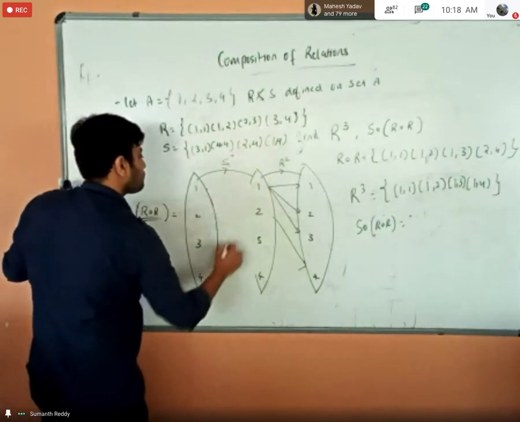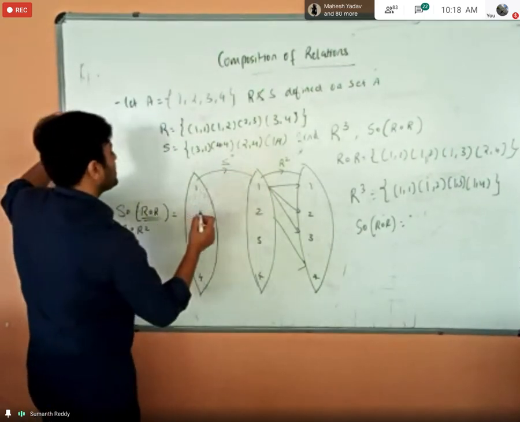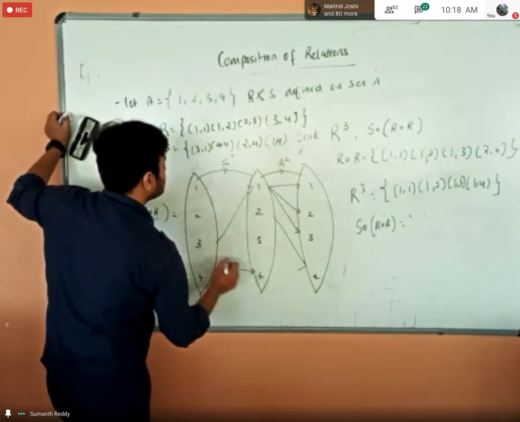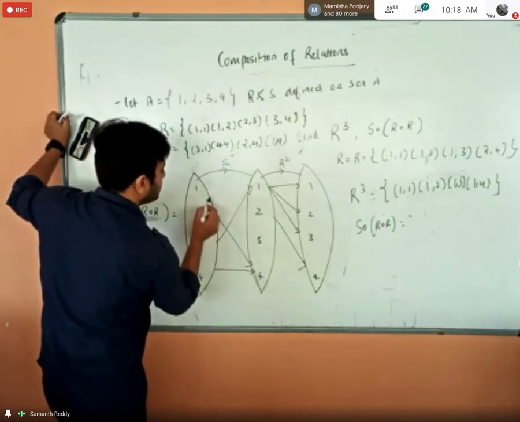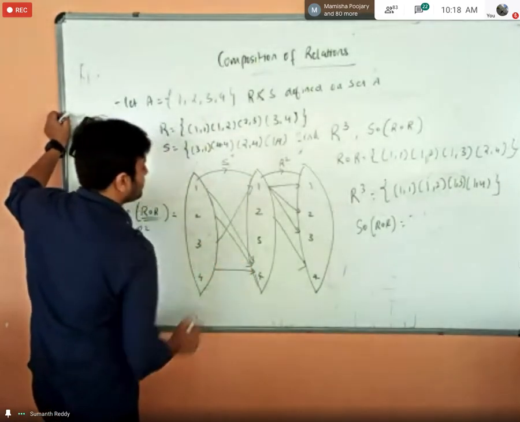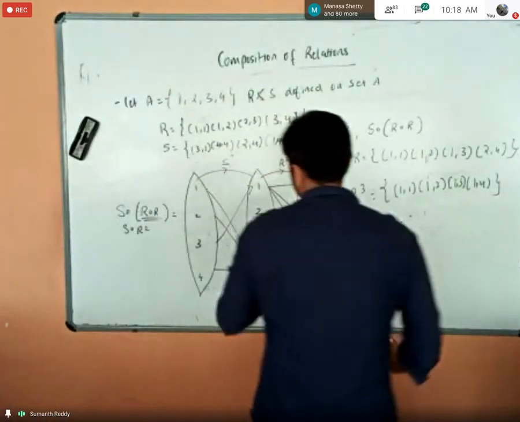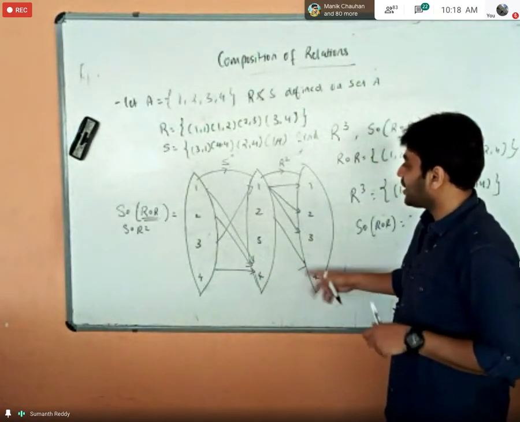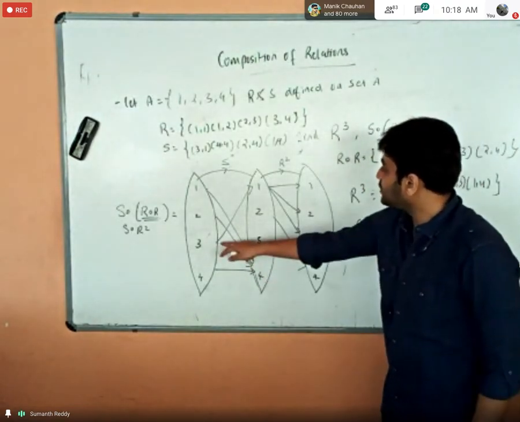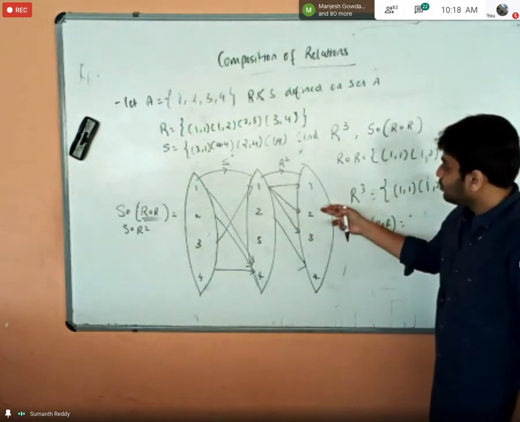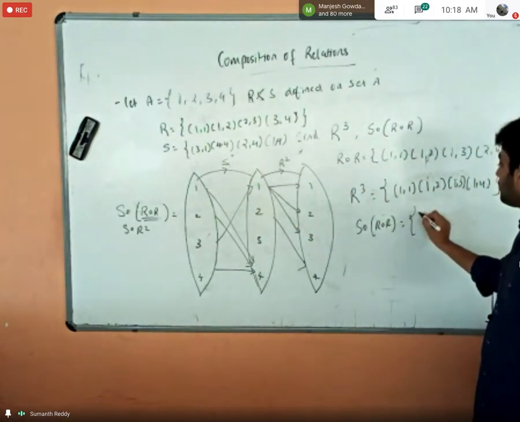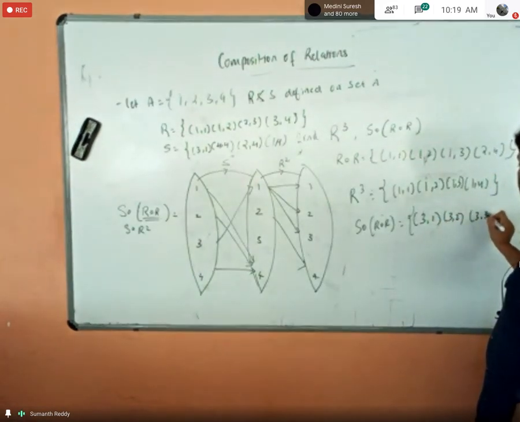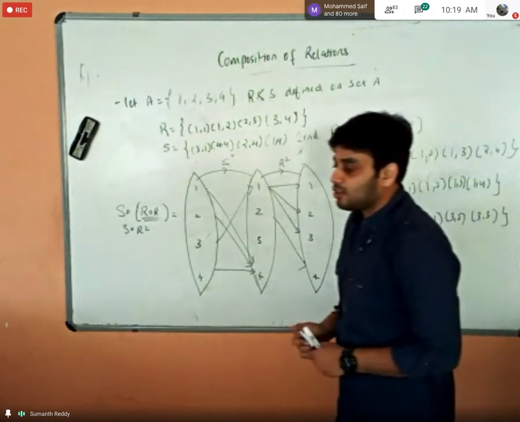The relation S has the ordered pairs 3,1; 4,4; 2,4; and 1,4. Based on this, 1,2,4 leads to 4, and 4 does not lead to anything, so you can ignore that. And 3 leads to 1, which will further lead to 1,2,3. So you can include 3,1; 3,2; and 3,3, right? I think you have solved it.